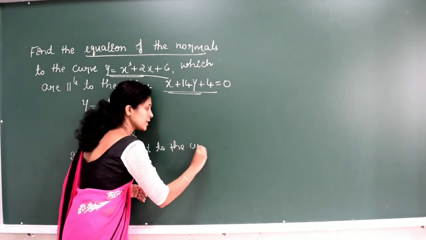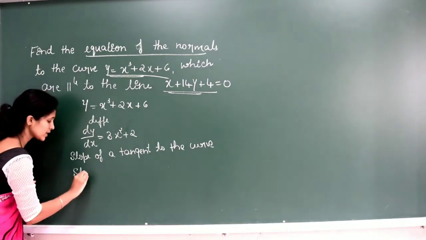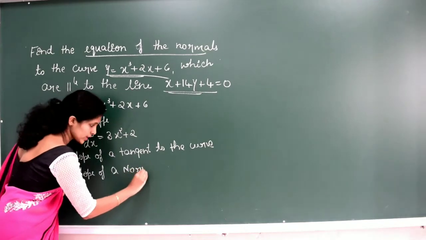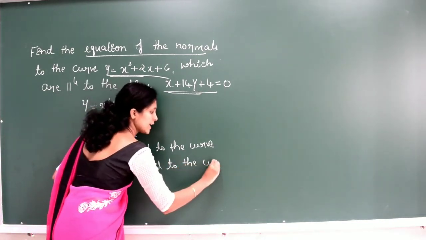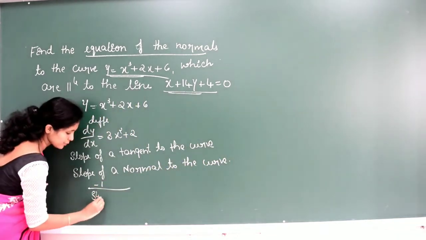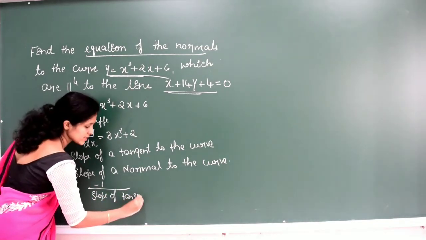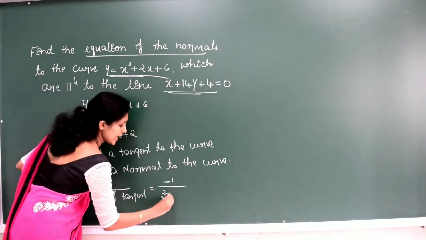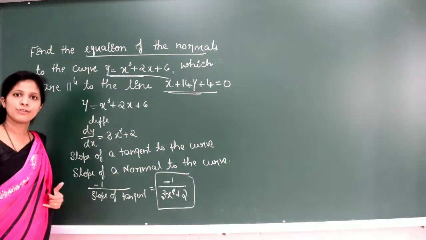Now the slope of the normal to the curve is minus 1 by the slope of the tangent. Is it clear? So I can write the slope of the normal is minus 1 by 3x square plus 2. Remember this, so this is the slope of a normal.